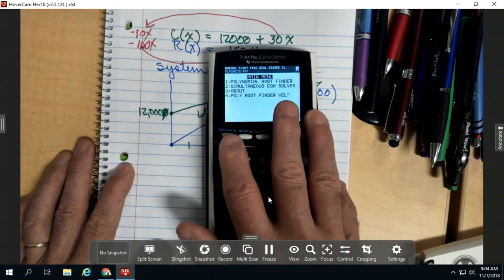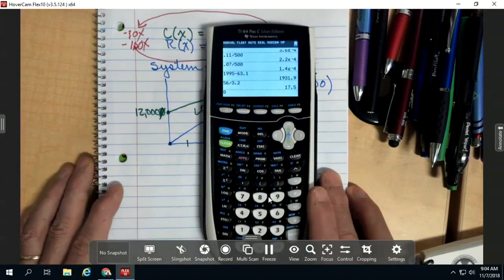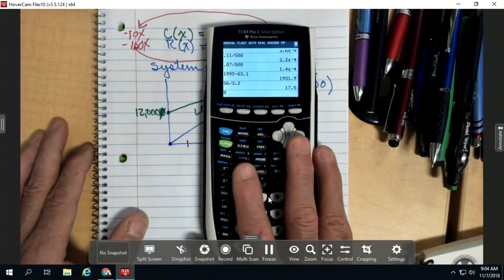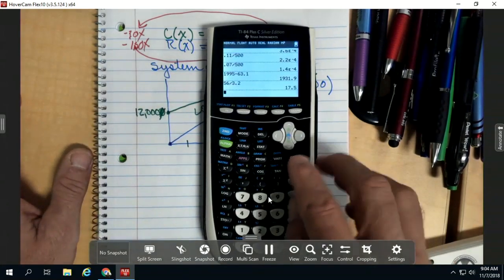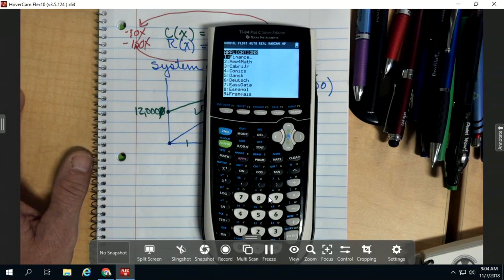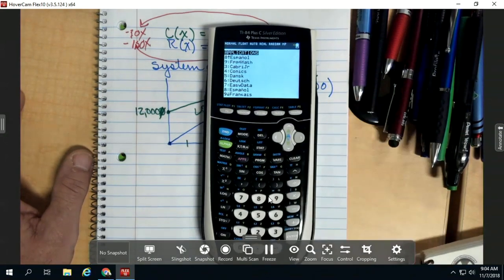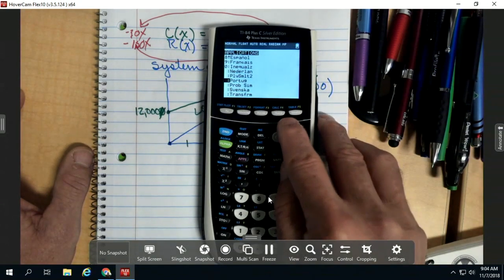Okay, here we go. Let's go back to the main screen where we want to get started. Apps. Scroll down to where it says PolySimul 2.